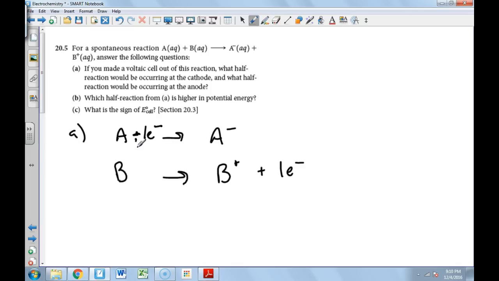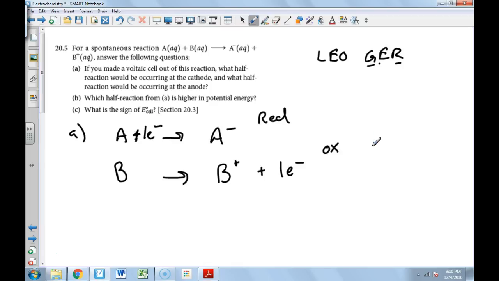Okay, so let's keep in mind our handy dandy little mnemonic device, LEO GER. Losing electrons is oxidation. So the thing that produces the electrons is the oxidation half reaction. And so this must be reduction, because gaining electrons is reduction.